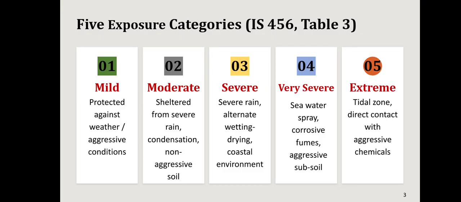Under severe conditions, the structure is exposed to severe rain, alternate wetting and drying, and coastal environment. Very severe conditions include seawater spray, corrosive fumes, and aggressive subsoil conditions. And the extreme indicates tidal zone and direct contact with aggressive chemicals.